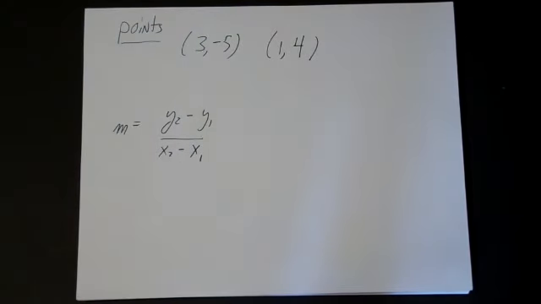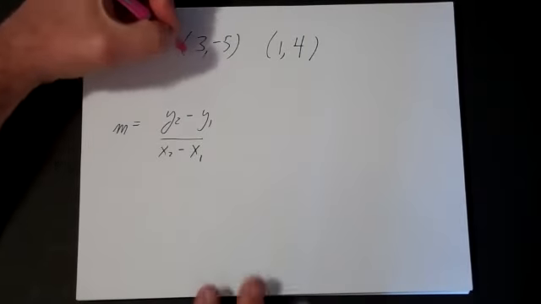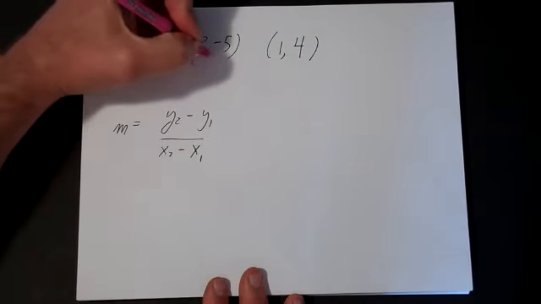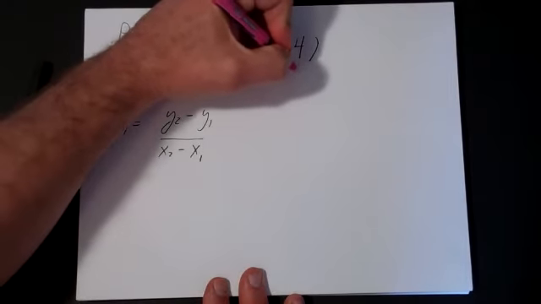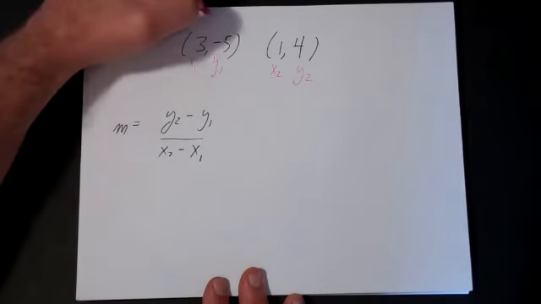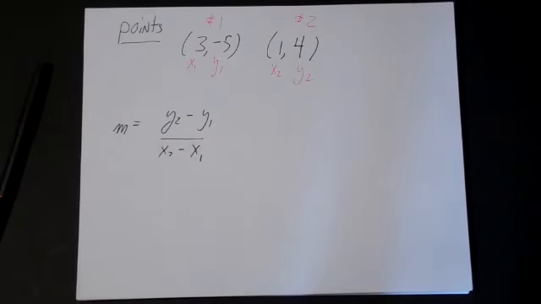We need to label one of these point number 1 and one of these point number 2. Just to make it easier, let's call the first point point number 1. So this would be x1, this would be y1, this is x2, and this is y2. This is called point number 1. This is called point number 2. It doesn't matter which point you call which. It turns out you get the same answer.